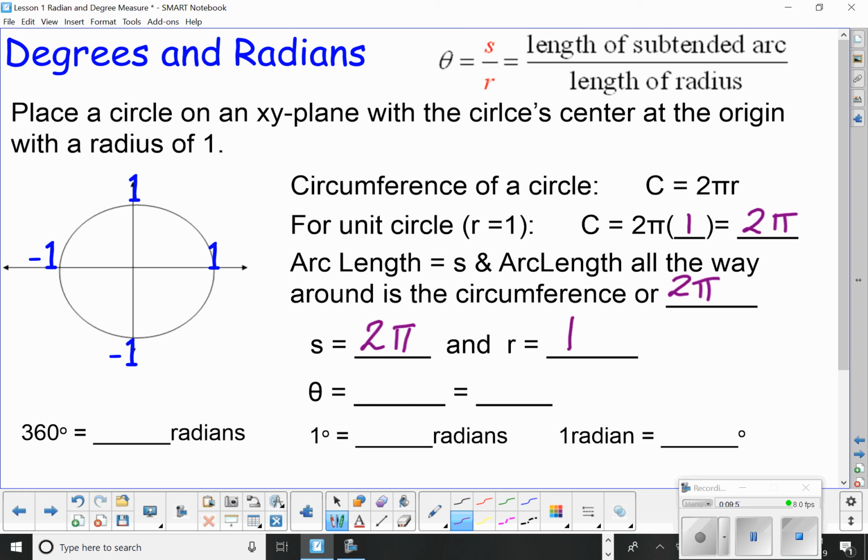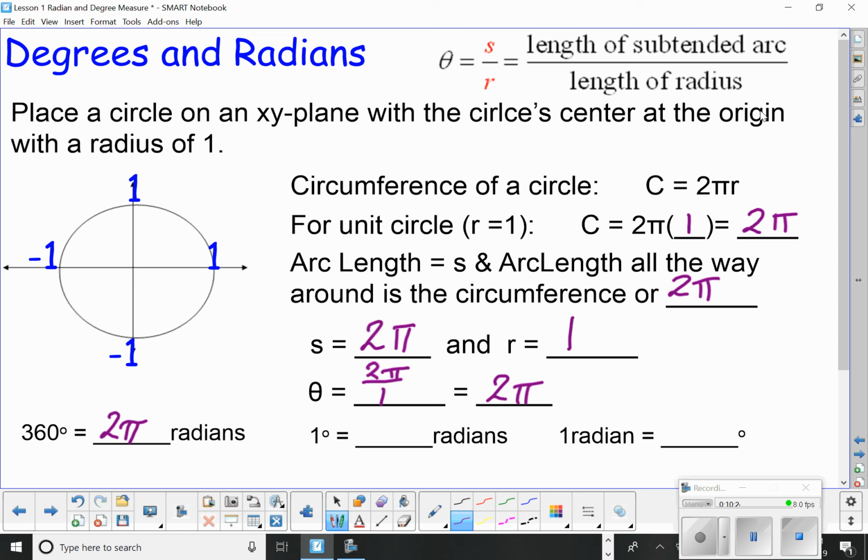Theta then is equal to 2 pi divided by 1, or 2 pi radians. Well, we just said that 360 degrees is how big an angle is all the way around. Here we just calculated that all the way around it's also 2 pi radians.